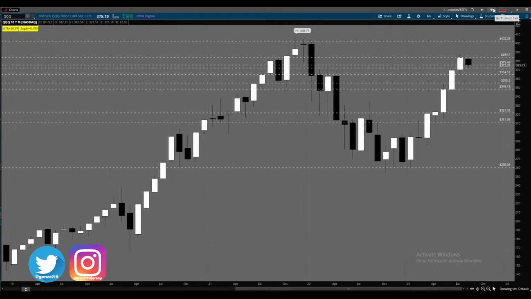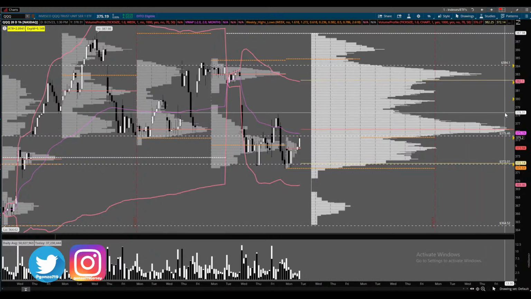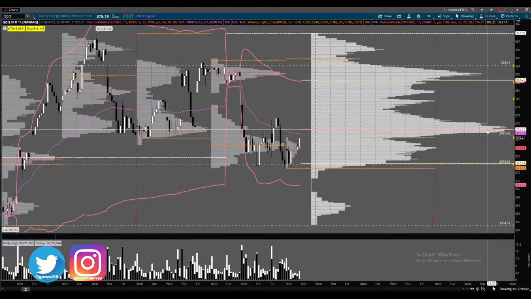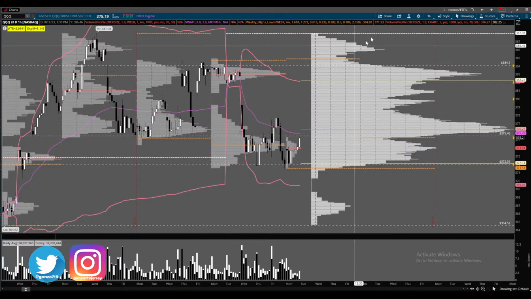Yeah, we did. Just want to make sure. Last week's lows, pierced it, came above it. Most traded price is here, 376. So this is the previous month's highs. We came into there, and this is very important.